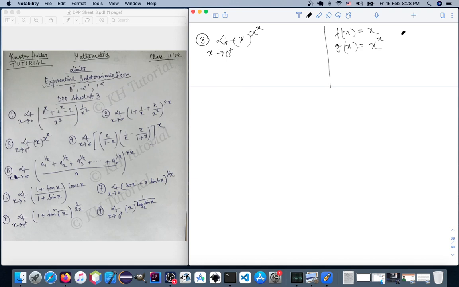Now, what is g(x) tending to? g(x) is x to the power x, which is again of the indeterminate form 0 to the power 0. So we have to check what is the limiting value of x to the power x.